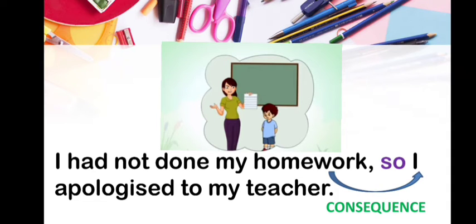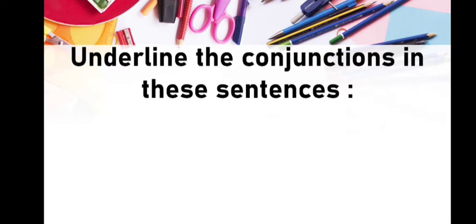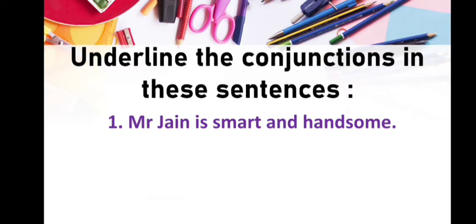I think all these conjunctions are clear to you all. So let's move to the exercise. The first exercise is underline the conjunctions in these sentences. Here you have to underline the conjunction in the given sentences. The first sentence is Mr. Jan is smart and handsome.